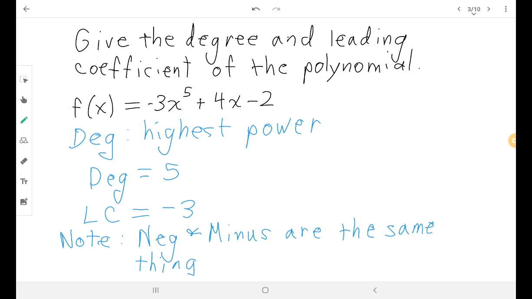So if they gave you a polynomial that was not in standard form, and they gave you something like, say, 5x squared minus 6x to the 8th, the degree-defining term is -6x to the 8th, which means your leading coefficient would be -6. Okay, I'm going to give you a moment to look at that and come up with any questions you might have. Unmute or put in the chat now.